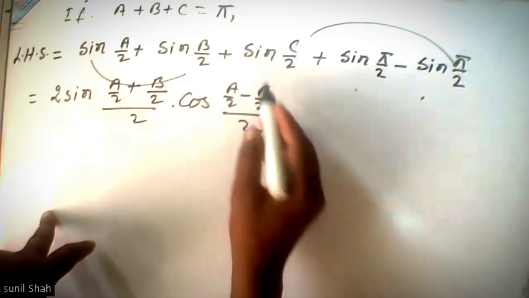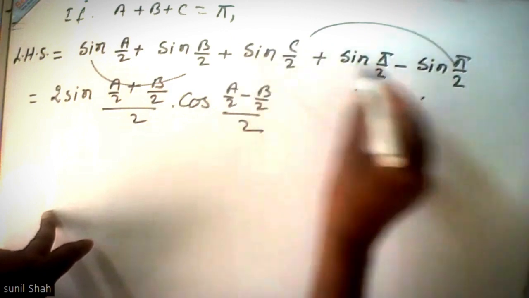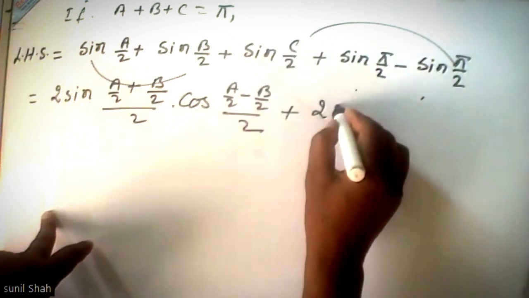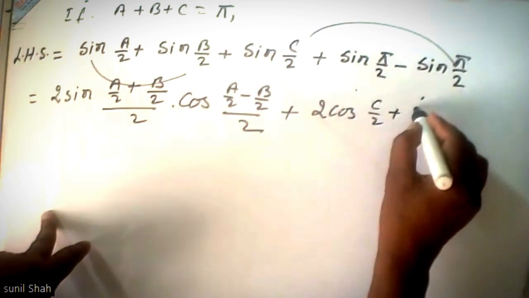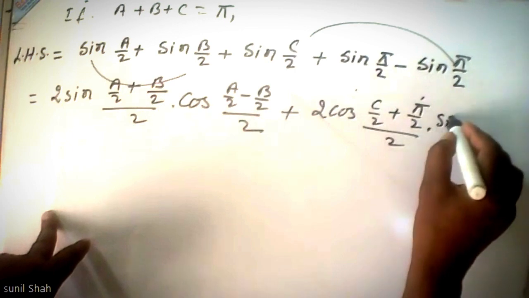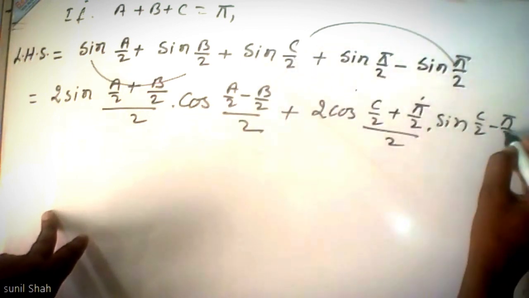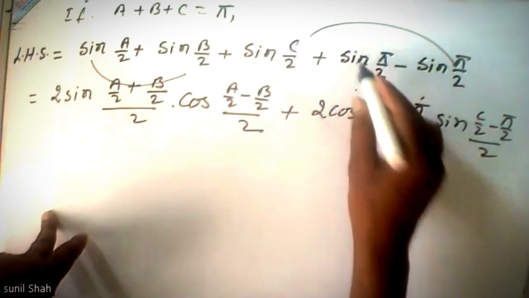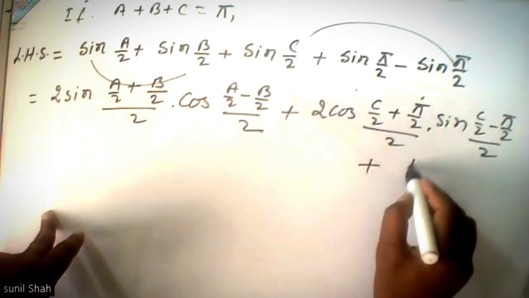And for this and this, sin C minus sin D, we start with cos, 2 cos C plus D by 2 into sin C minus D by 2. But this remains same, plus sin pi by 2. Sin pi by 2 is 1.